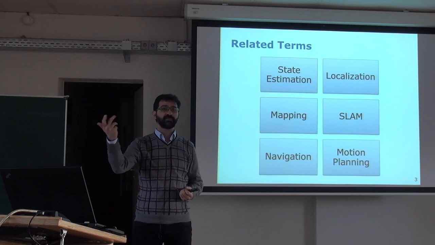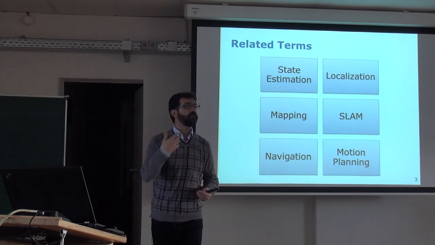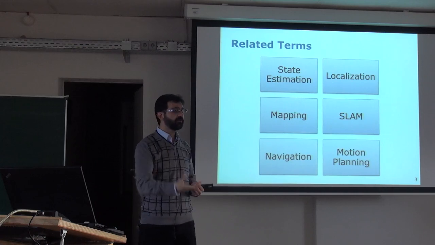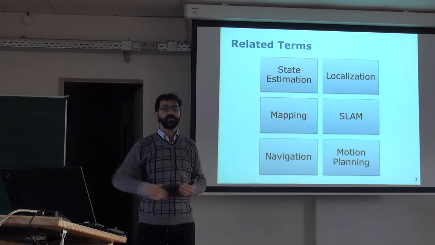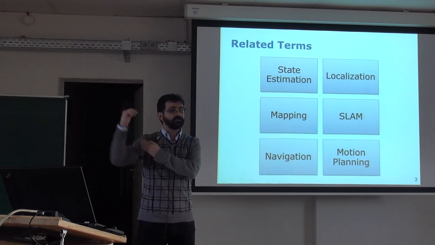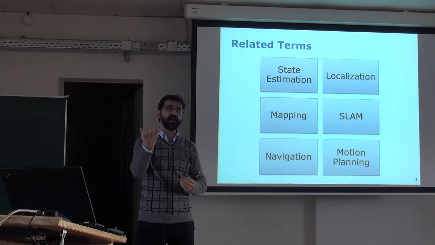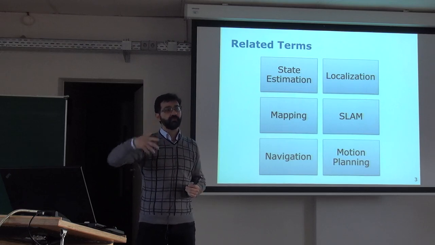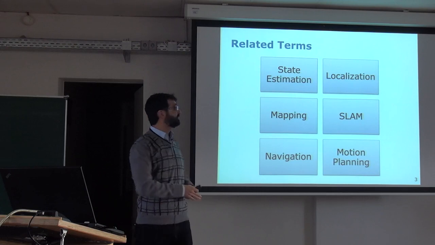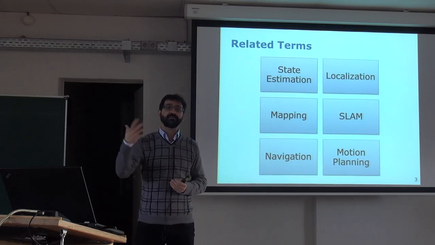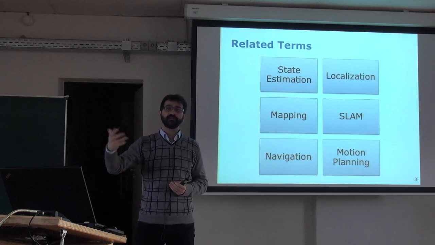The system has a state, and the state can be like the position of something in the world, its velocity, its acceleration. If you have a manipulator, it can be the angle of each joint of the manipulator. So something that defines a system. These states can evolve over time and so on. And state estimation is the problem of getting sensor data and determining what is the state of my current system at a certain point in time.